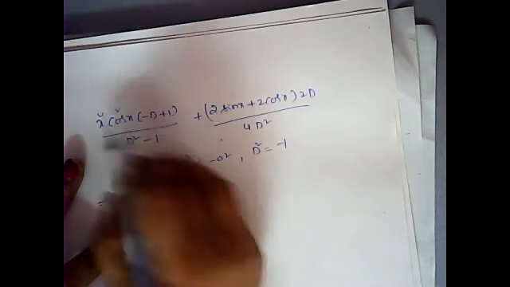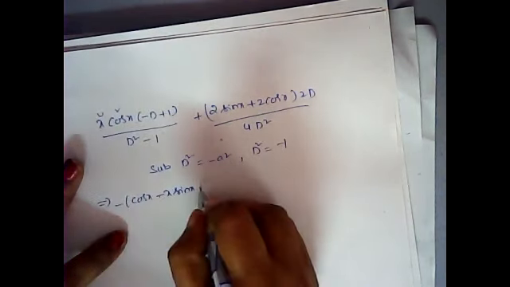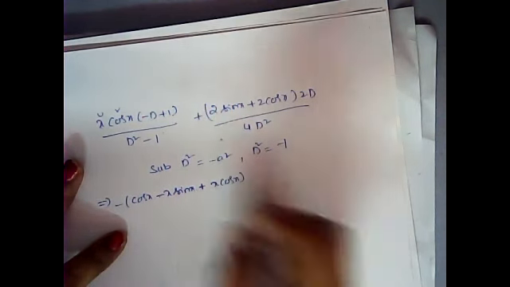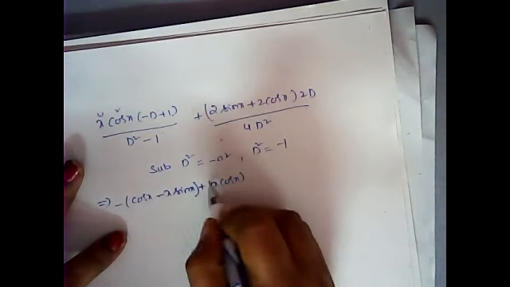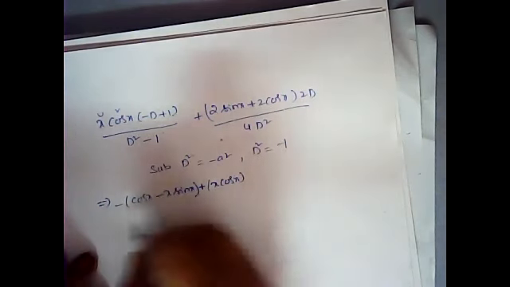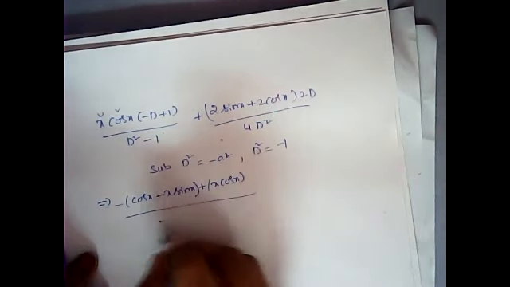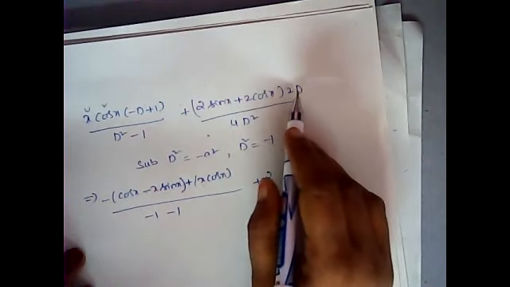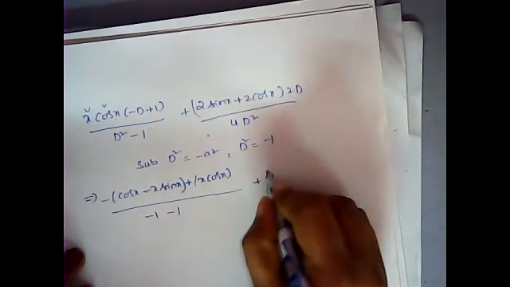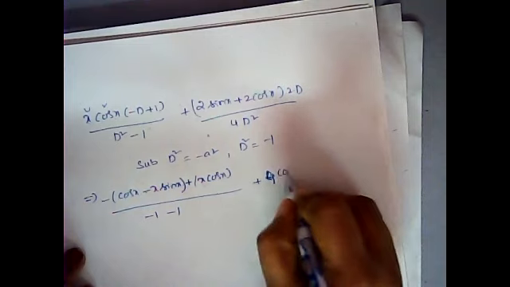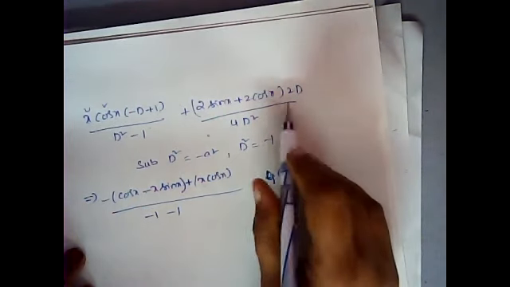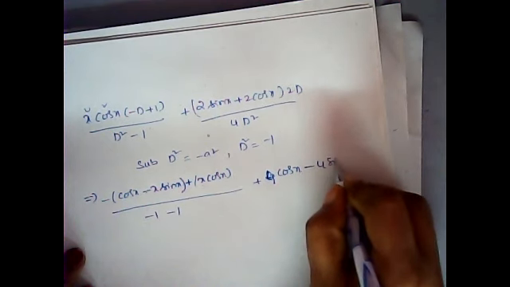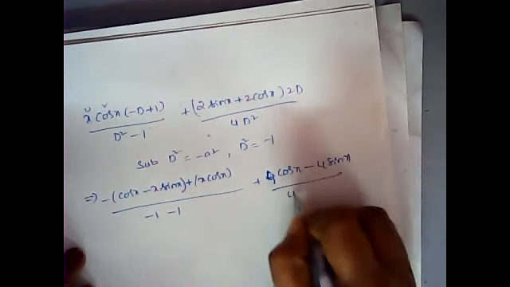Okay, and plus 1 into x cos x means plus x cos x. Okay, so this is another term, so x cos x. Okay, whole by D square is equal to minus 1 means minus 1 minus 1 plus 2 into, so 2 twos are 4 here, so 4 into derivative of sin x is cos x, and 2 twos are 4 here, and derivative of cos x is minus sin x. So minus 4 sin x by 4 into minus 1.